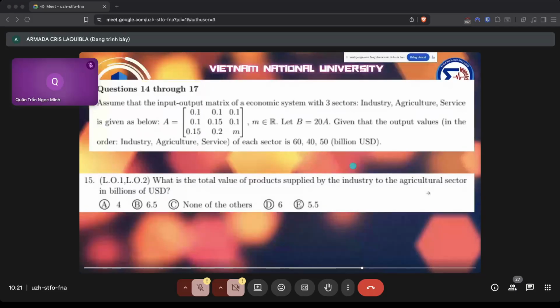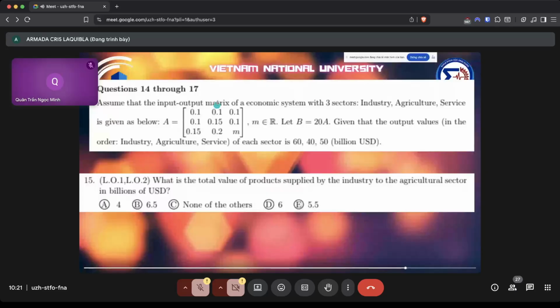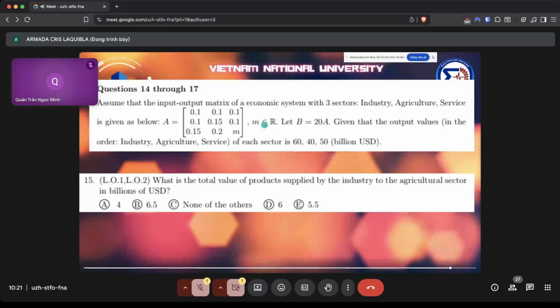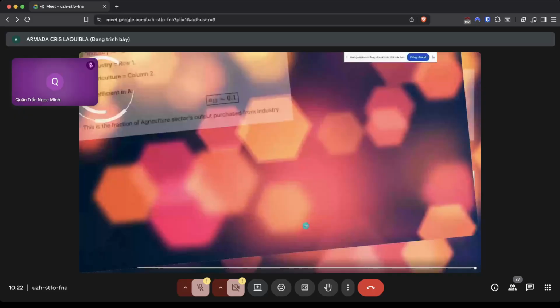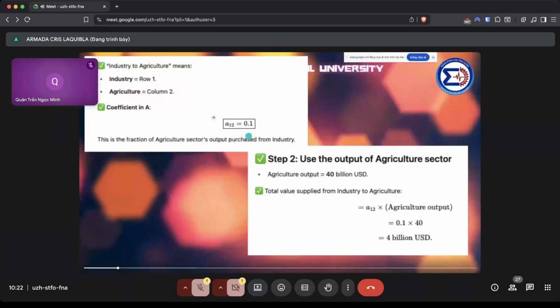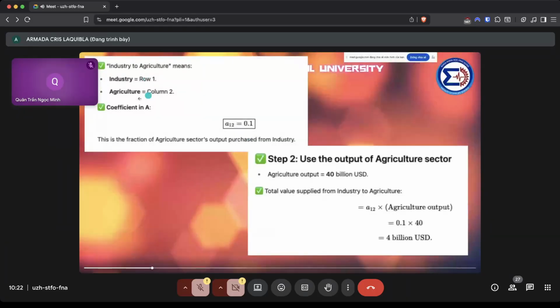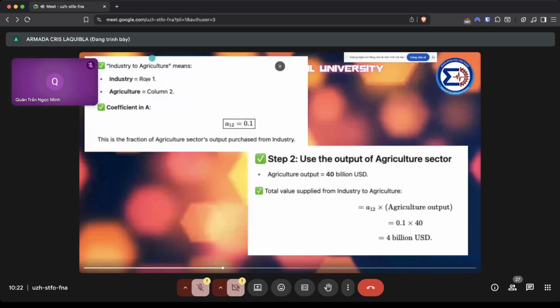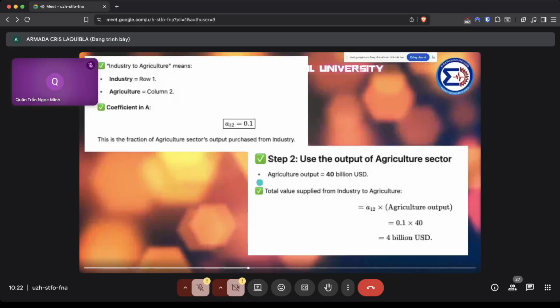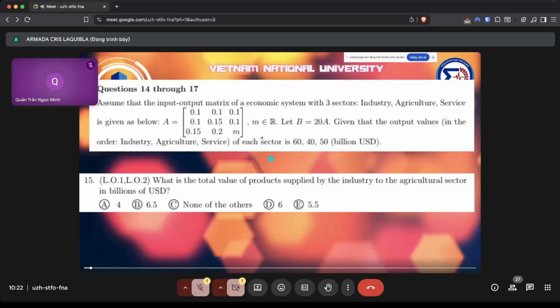Agricultural sector is row 2, column 2. Now, where is this total value of products supplied? When you say supplied, it is this one, right? The 0.1 here. That is your A12. Industry is row 1 and agriculture is column 2. So the coefficient in A is A12, which is 0.1.